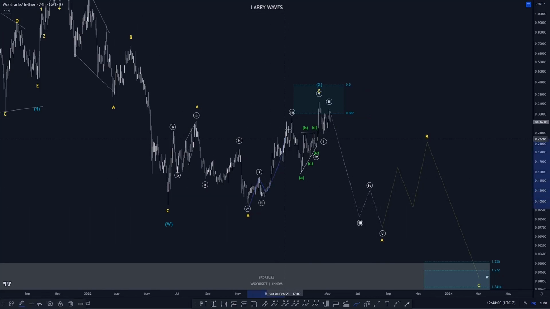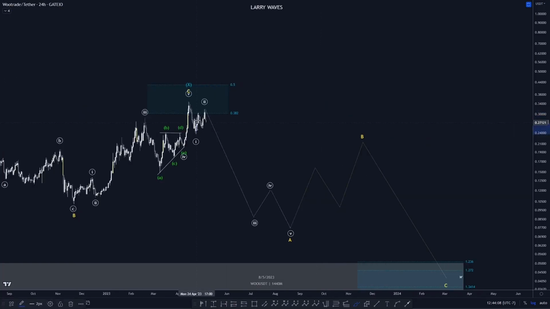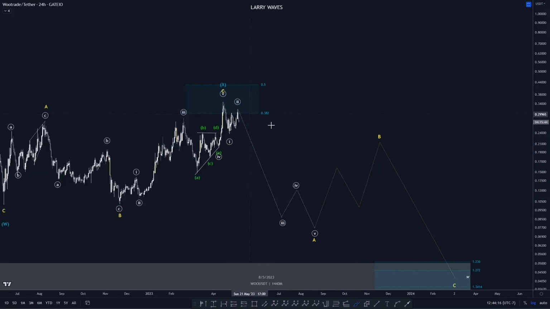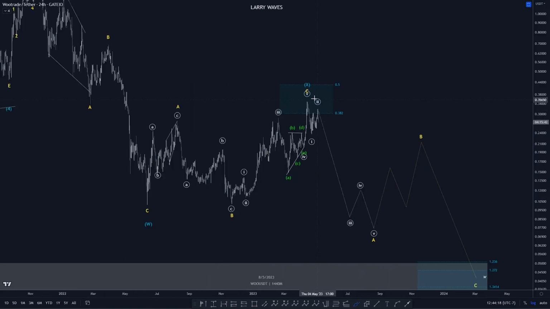One, two, three, four, five. Now it's a matter of looking at this as an impulse down for one. This already looks like it completed a three-way move up for a two and could be pushing down for this wave three. This might be one of our early indicators when the asset's signaling this was the end of the pivot up and now it's time to start the trend down again.